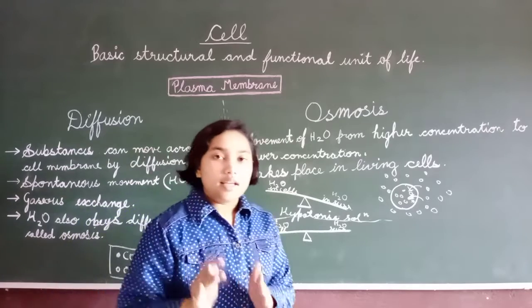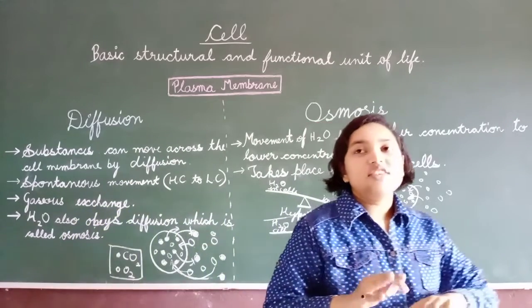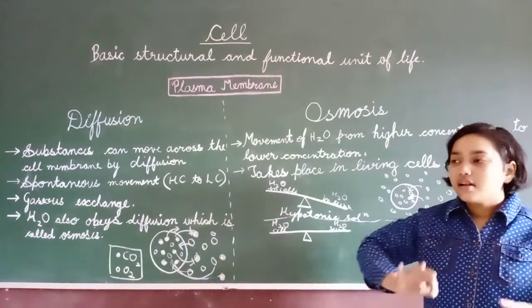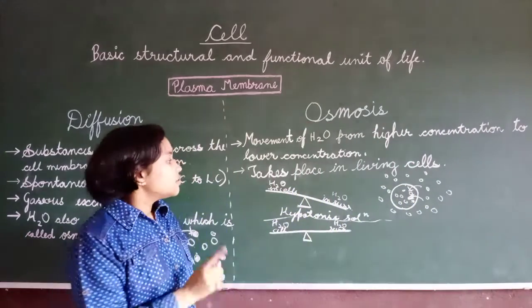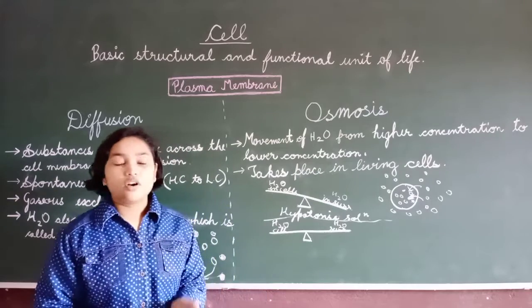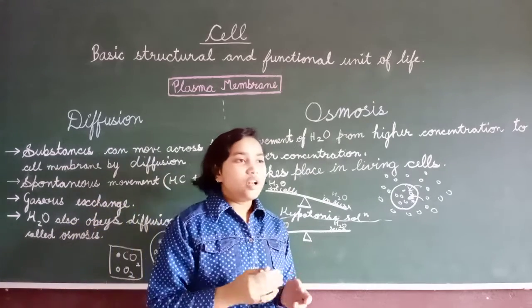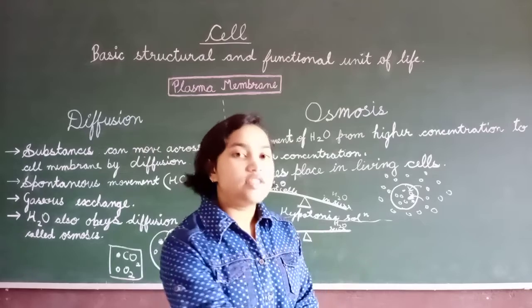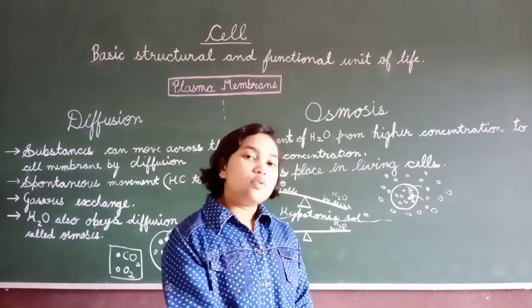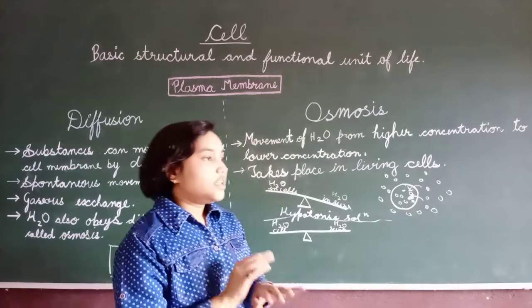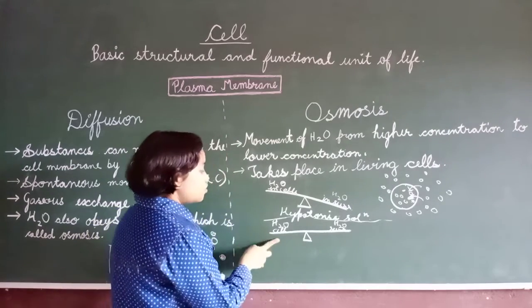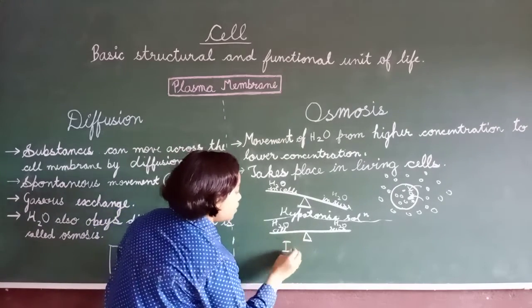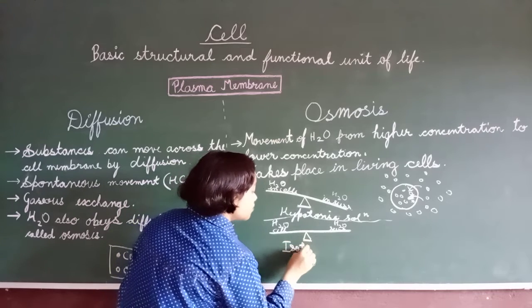But here, when we see the net total change in the cells, we can see no change, because as many molecules are going outside the cell, that many molecules are coming inside the cell. So the net movement of the water is 0. This type of solution is called an isotonic solution.